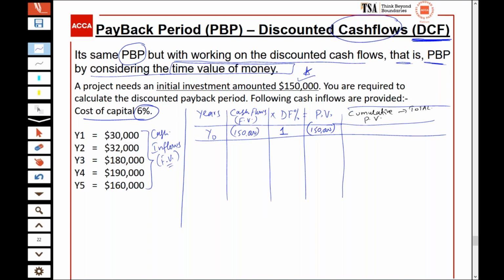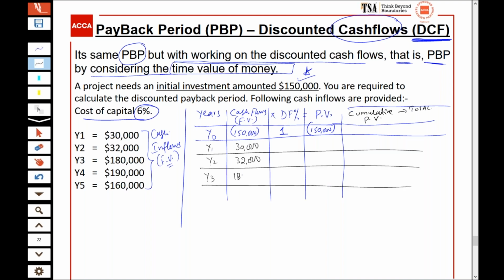First of all, we need to calculate the present value of all the cash inflows. That's year 1, 30,000. Year 2, 32,000. Year 3, 180,000. Year 4, 190,000. I guess we do not need year 5, but still let's see.